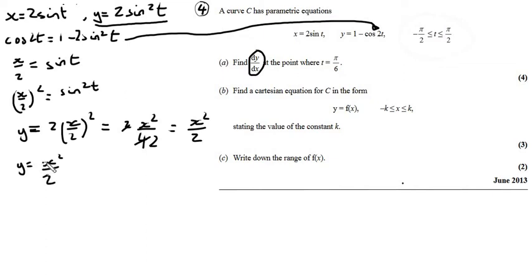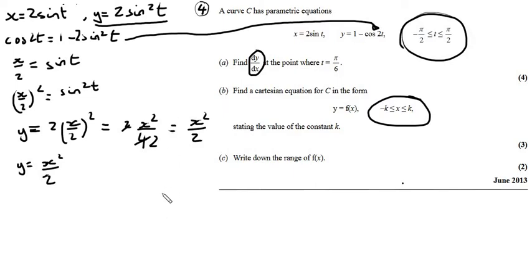And the final part of this question, they want to know what values x ranges between. So up here we have t goes between negative pi over 2 and pi over 2. And x equals 2 sine of t.